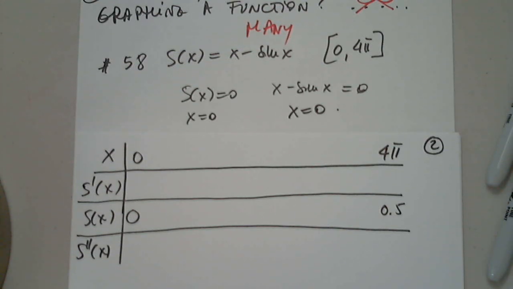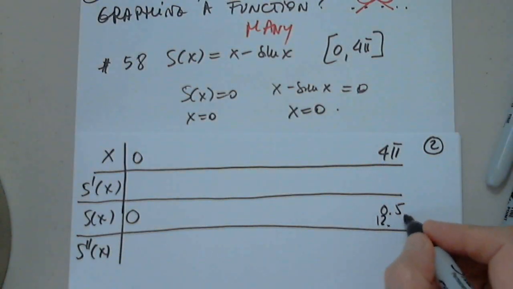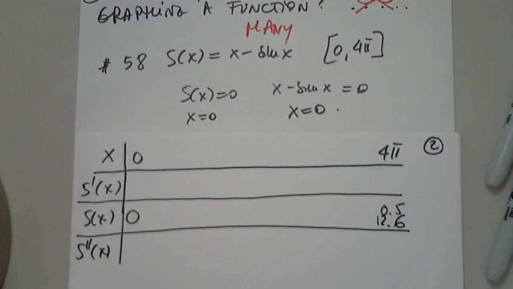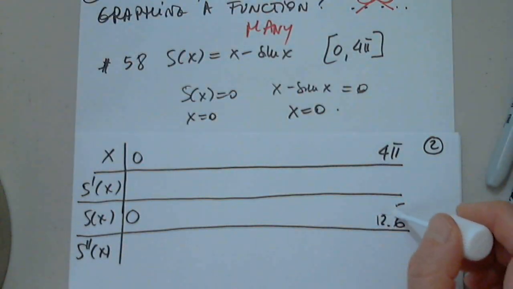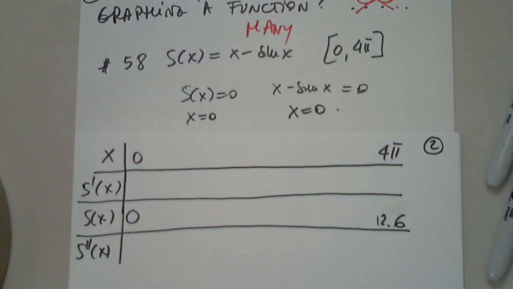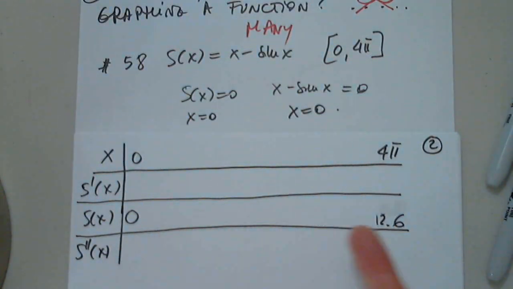Okay, as expected, 12.6. As we said, 4 times 3 is roughly that. Minus sine, which is 0 anyway. Okay. So there is nothing else about the function from the function itself. In this case, that's all I needed, x and y intercepts, and to determine the values at the endpoints.